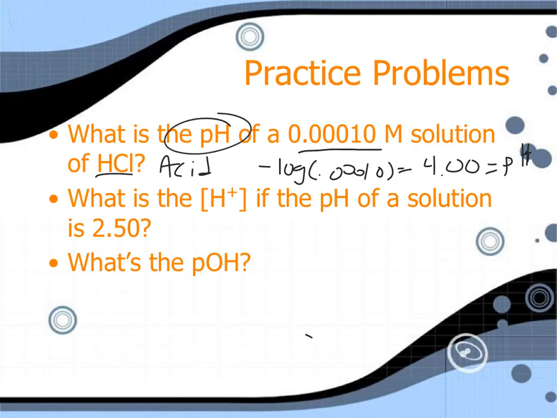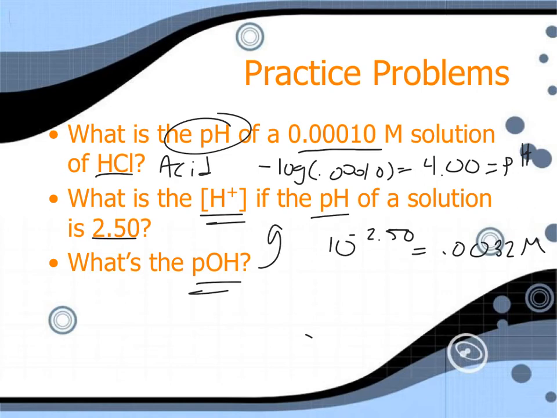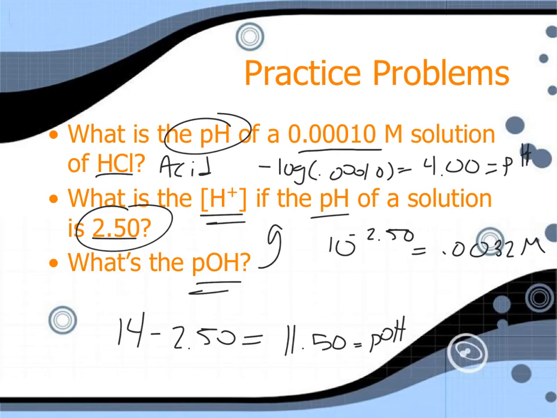On the other hand, if I ask you what's the H plus concentration of a solution that's pH 2.5, I take 10 to the negative 2.50 power, and I get the concentration of 0.0032 molar. Now finally, this last question is referring to bullet point number 2. What's the pOH of this solution? Well, if I know the pH is this, then I do 14 minus the pH to find the pOH, which is 11.50. That's the pOH.